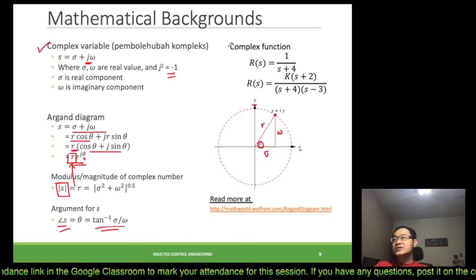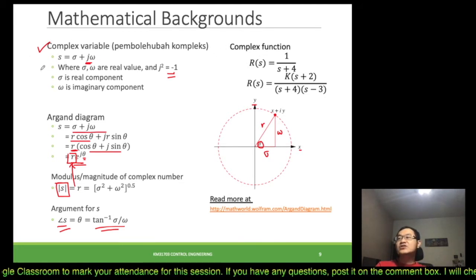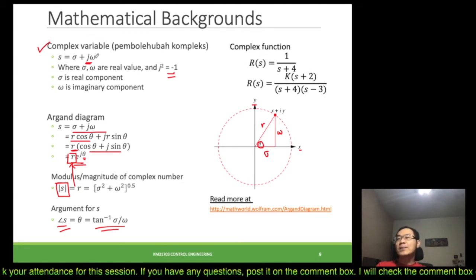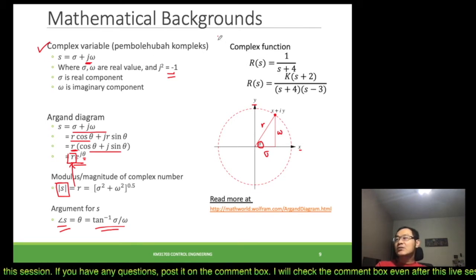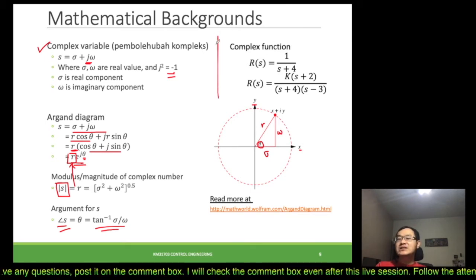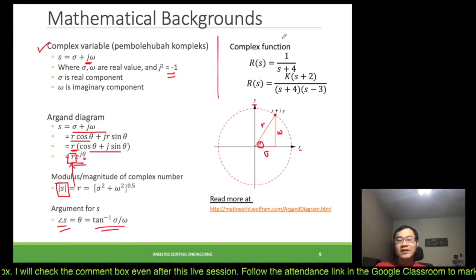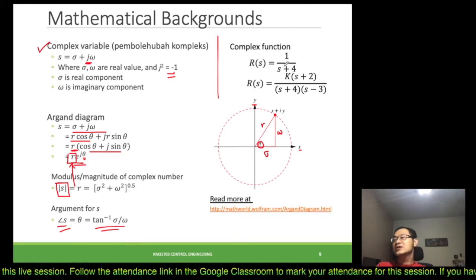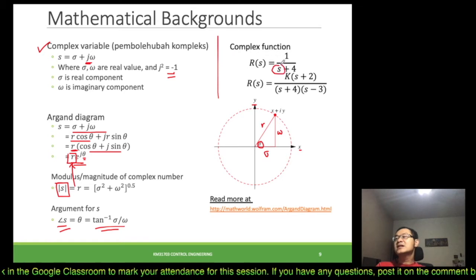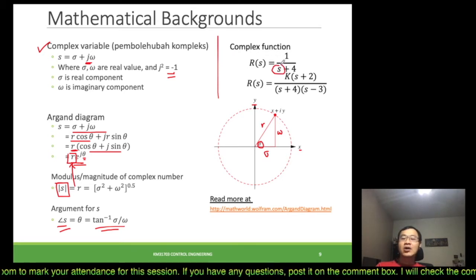Now that we are familiar with these complex variables or complex numbers, we will see complex functions, which you will get more familiar with in later chapters, where we will use a lot of this s to represent a complex variable or complex number.